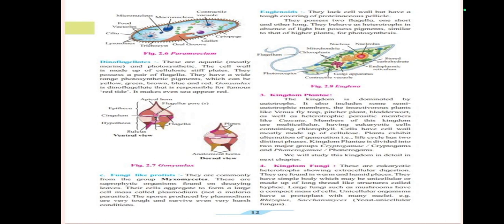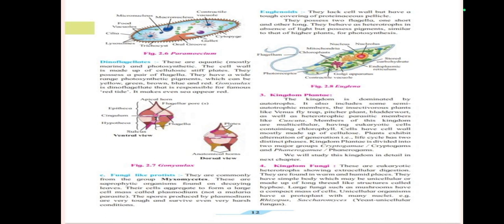Fungus-like protistans are commonly called slime moulds, from the group Myxomycetes. These are saprophytic organisms found on decaying leaves. Their cells aggregate to form a large mass called plasmodium, not the malaria parasite. The spores produced by plasmodium are very tough and survive even very harsh conditions.